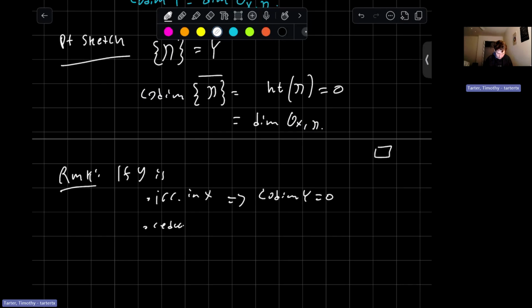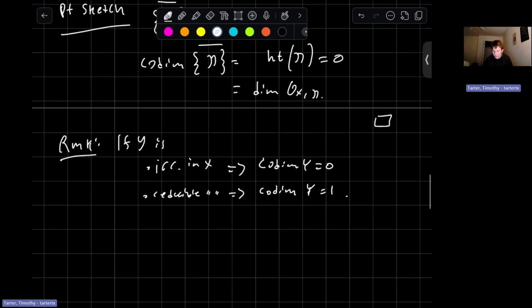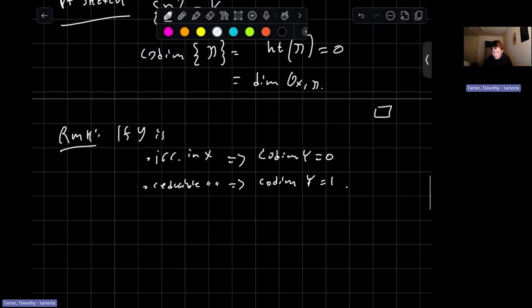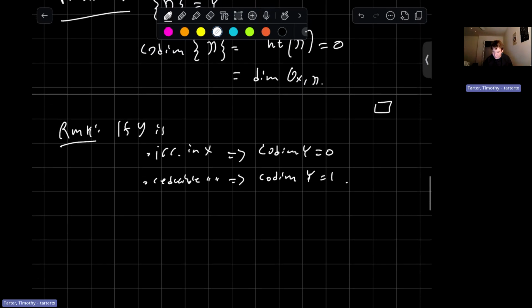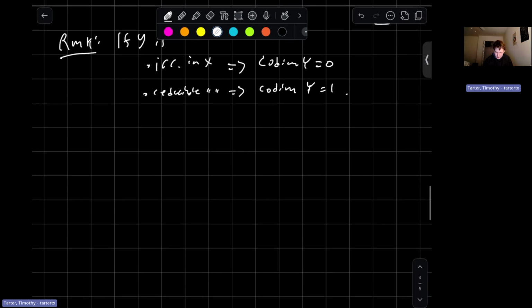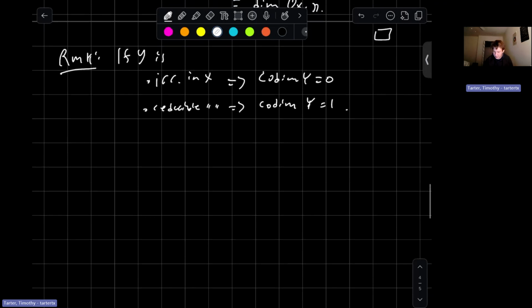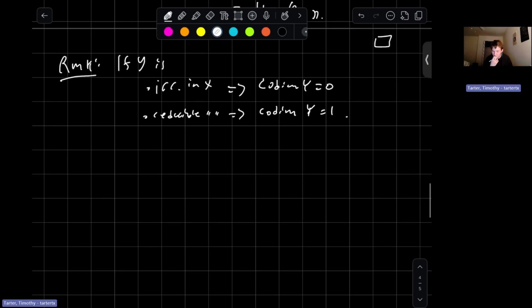If it's reducible in X, then it's codimension 1. It's the height of the ideal. Yeah, and so then a closed subset, all of whose irreducible components are codimension 1 in the ambient space, is a hypersurface. Okay.